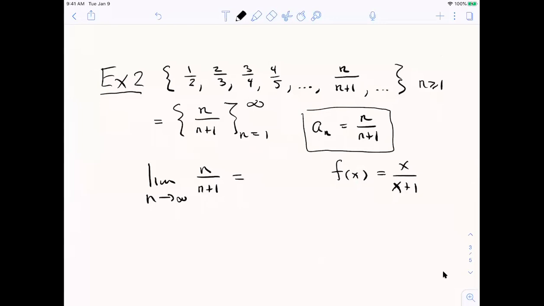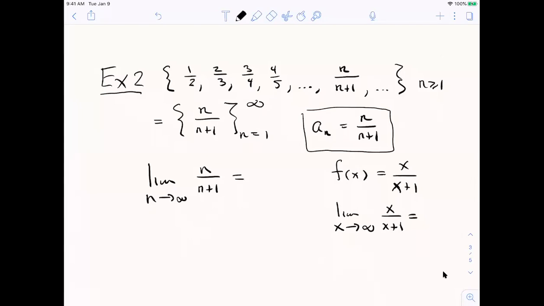So if you can answer what is the limit as x goes to infinity of x over x plus 1, then you have also answered my question about my sequence, because if the entire curve is approaching some number, then so are the dots that are above whole numbers.